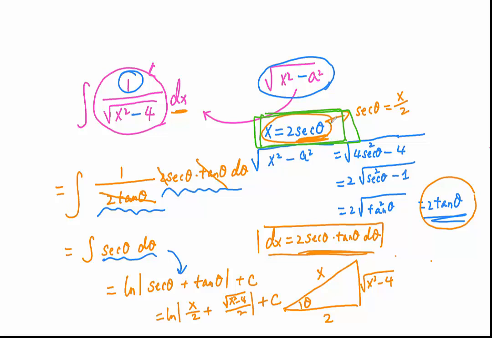So I solve for secant theta: I divide by 2 on both sides, the 2 cancels out, and now I get secant theta, which is x over 2. Right, this is our setup. Got it. Any more questions?